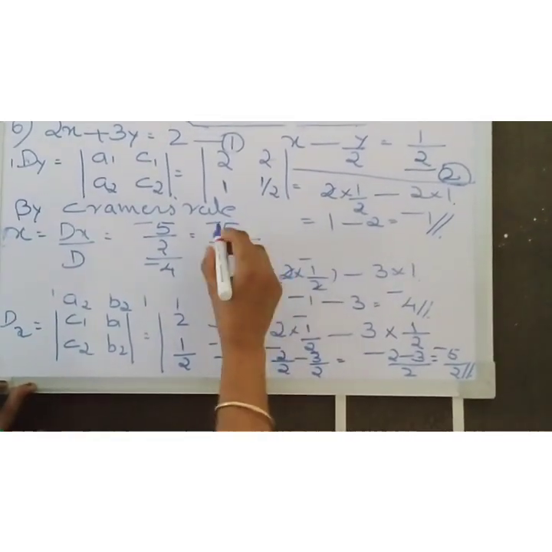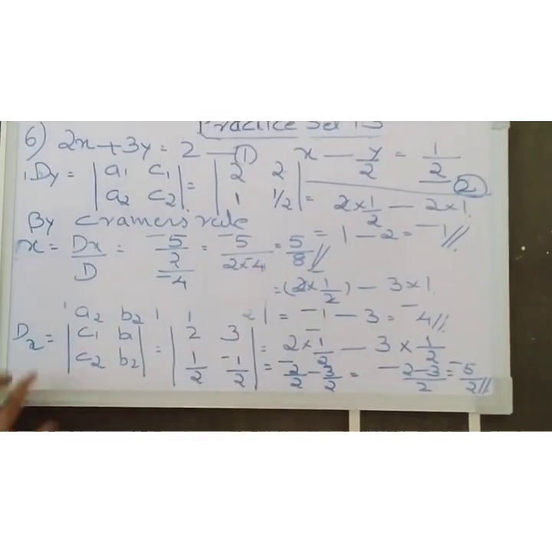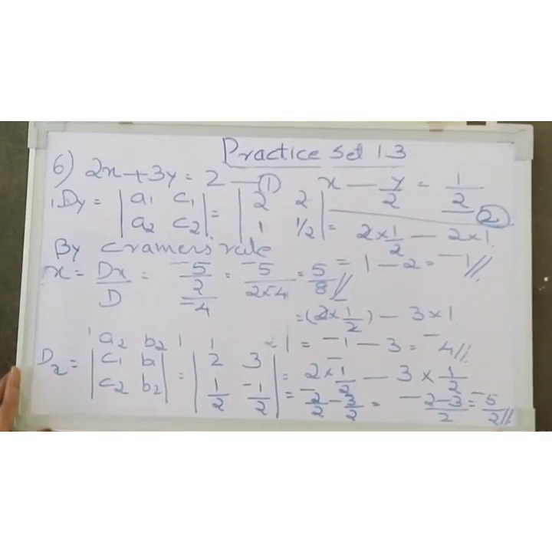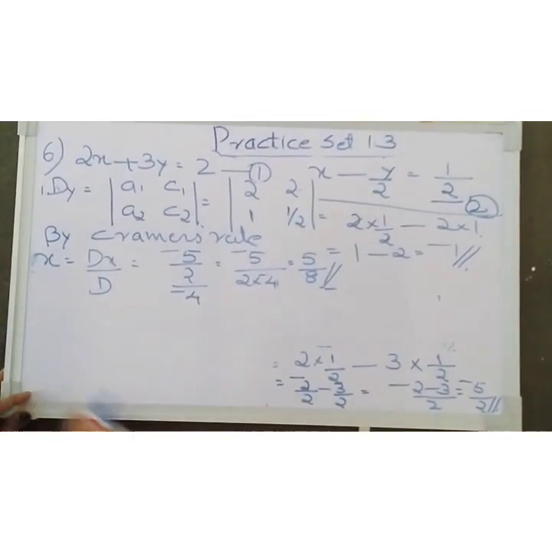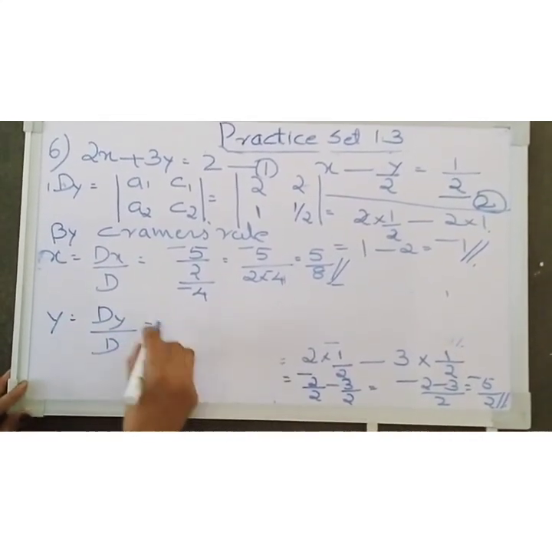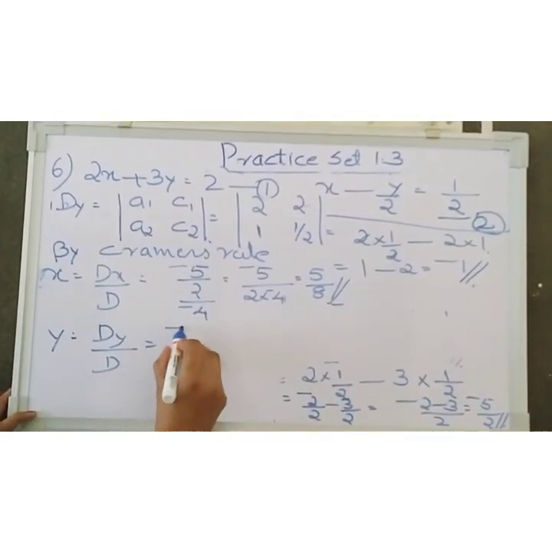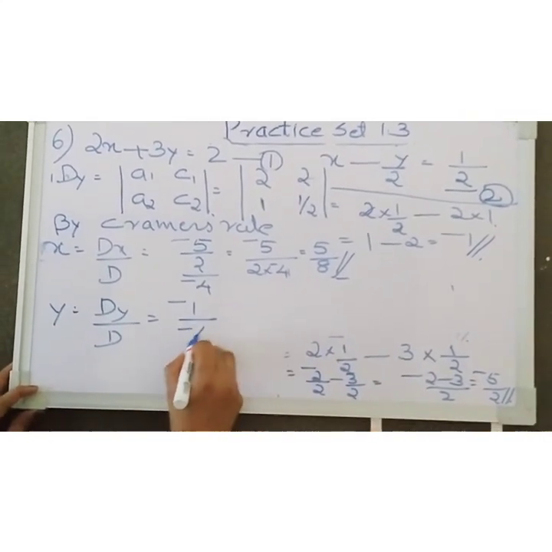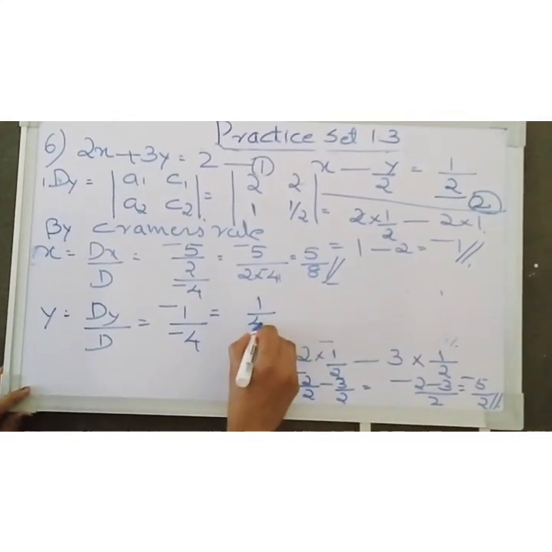Negative and negative is positive, therefore 5 upon 8. 4 2s are 8. Next y is equal to dy upon d. Dy is equal to negative 1 upon d equal to negative 4. Negative and negative is cancelled, therefore 1 upon 4.